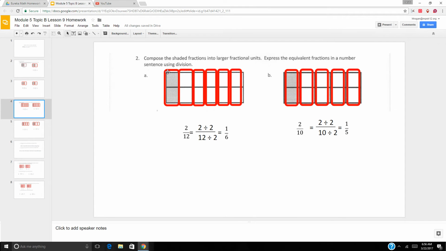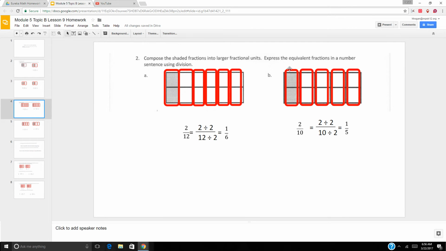So I chose to divide them into 2s. So this is 2/12. And so 2/12 divided into 2 in each section. 2 divided by 2 is 1. 12 divided by 2 is 6. So this is 1 out of 6. 1, 2, 3, 4, 5, 6.